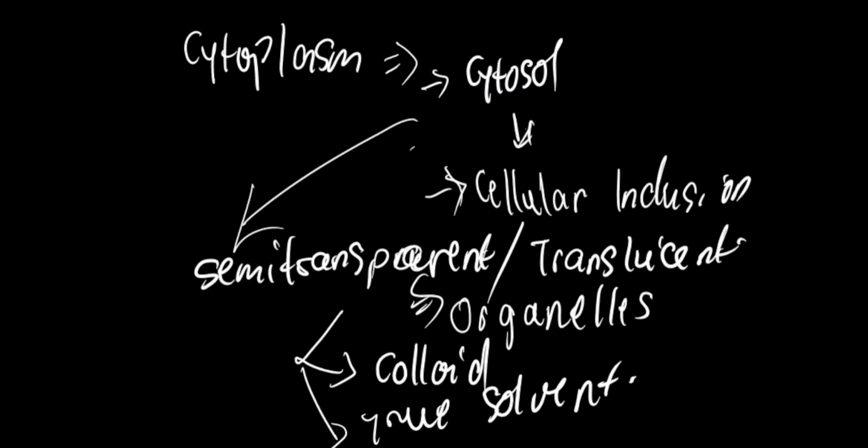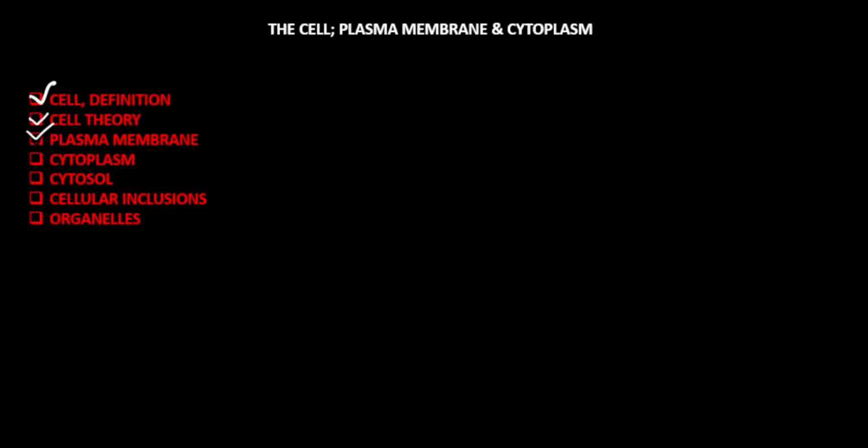The last element of the cytoplasm would be the organelles. So we'll take a quick look at some organelles that make up a generalized cell. We have considered the cytosol as well as the cellular inclusions. For this video, we'll be considering just about 6 to 7 organelles in no particular order. The first organelle we'll be considering is the endoplasmic reticulum.